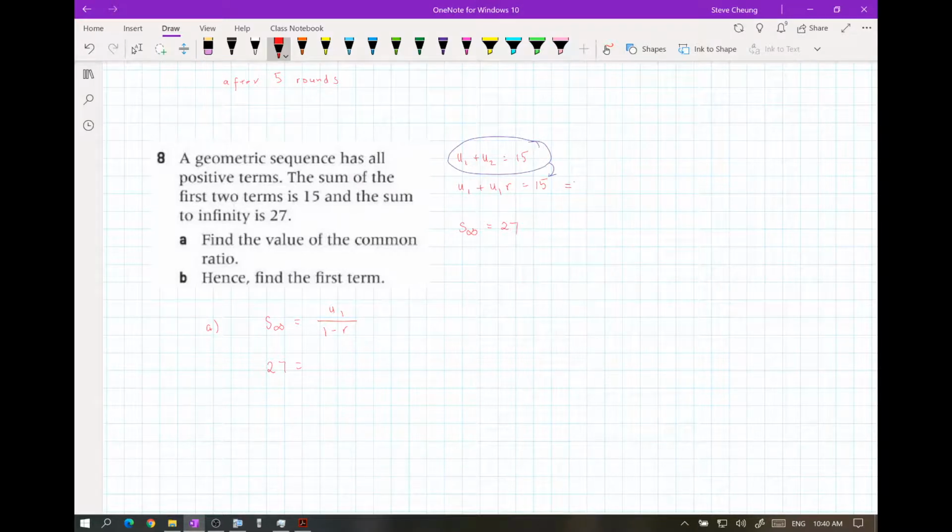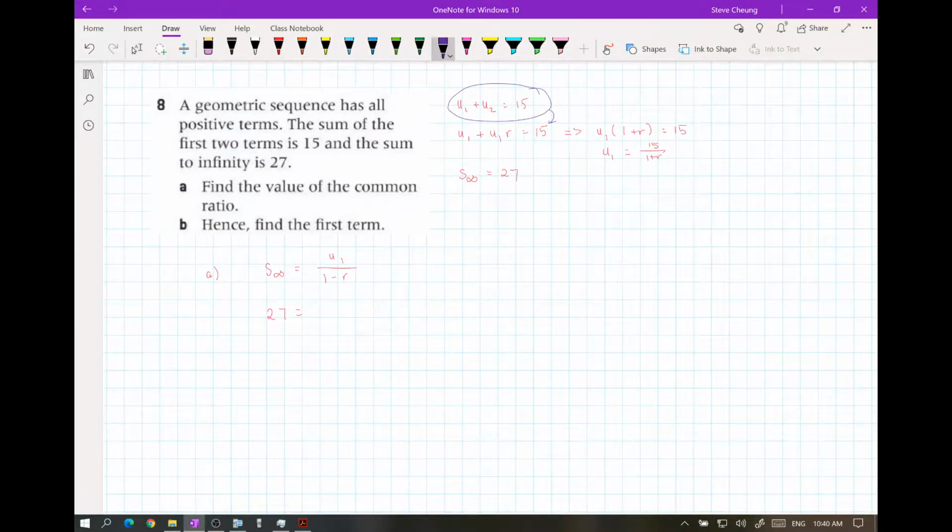Now if I were to isolate for u1, the technique here is to factorize. Okay, so I take away u1 from both the first two terms. And then now I'm just going to move 1 plus r to the right hand side by dividing.